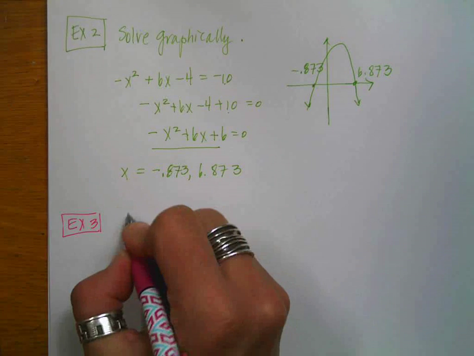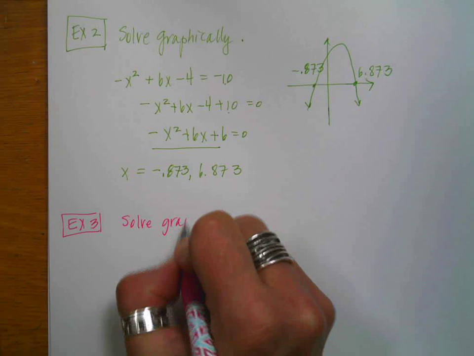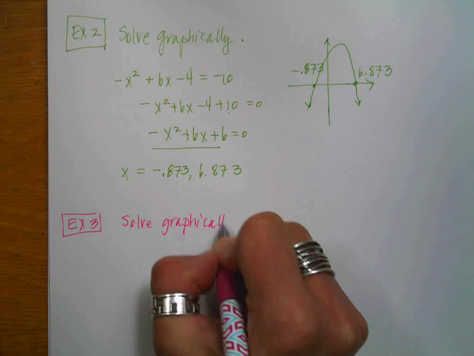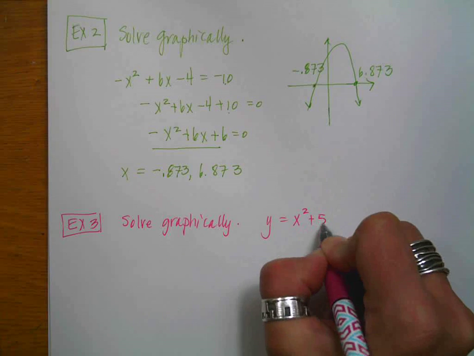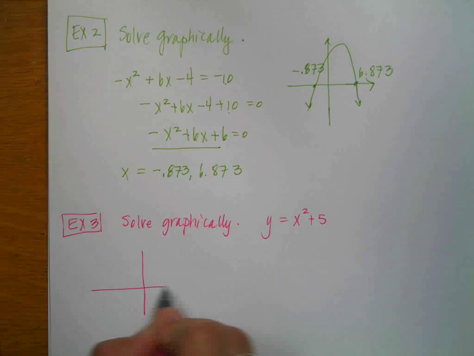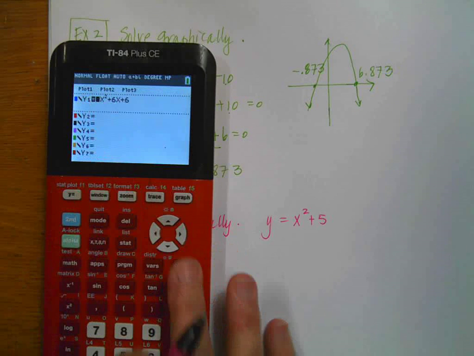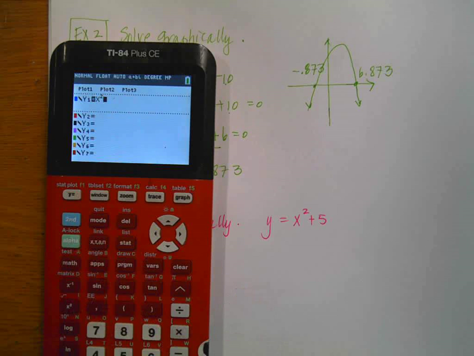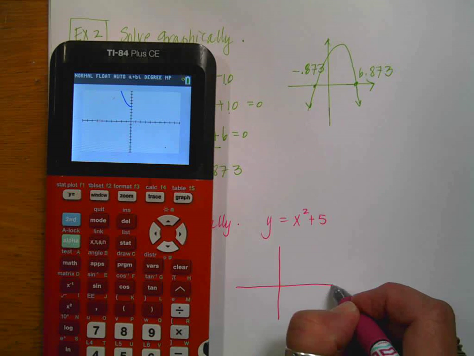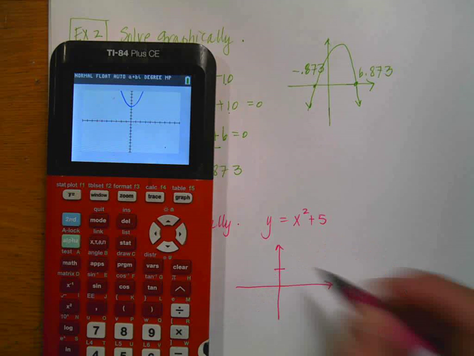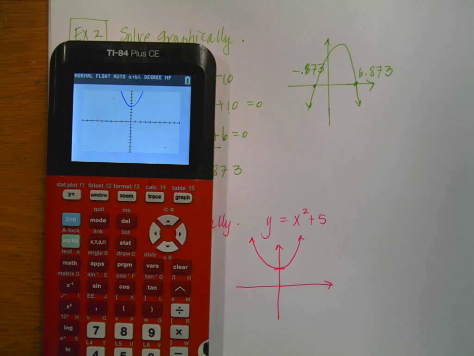Alrighty, I have one more example for us for today. So example number 3, nice short video, says solve graphically. And this one's kind of cool, and I picked it, and I'll show you why. The equation is y is equal to x squared plus 5. Okay, so I'm going to put this equation in my calculator, clear, and I'm going to enter x squared plus 5, and I'm going to do a zoom 6. And I'm going to sketch my graph. Alrighty, and I'm going to sketch that it's up here.